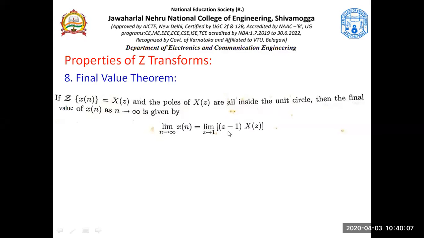Just try to remember the equation in case problems are asked, but most of the time it has not happened. They have not asked problems or the proofs. But to be prepared for the worst, let's just remember this equation. This is the final value: the final value of x of n is x of infinity, with n tending to infinity.